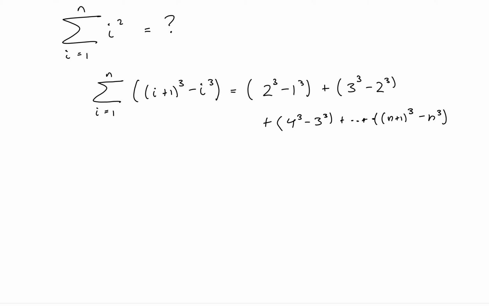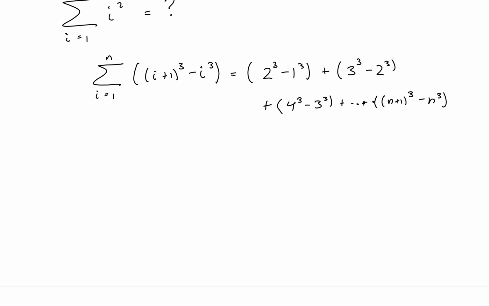And now what we want to notice is we get all of this cancellation here because this 2 cubed cancels with this 2 cubed. This 3 cubed cancels with this 3 cubed, and so on all the way up. So we see each term will cancel except for this negative 1 cubed doesn't have anything to cancel, and the n plus 1 cubed doesn't have anything to cancel.